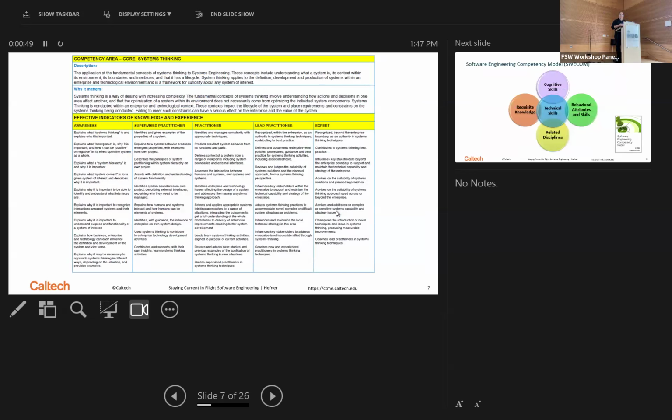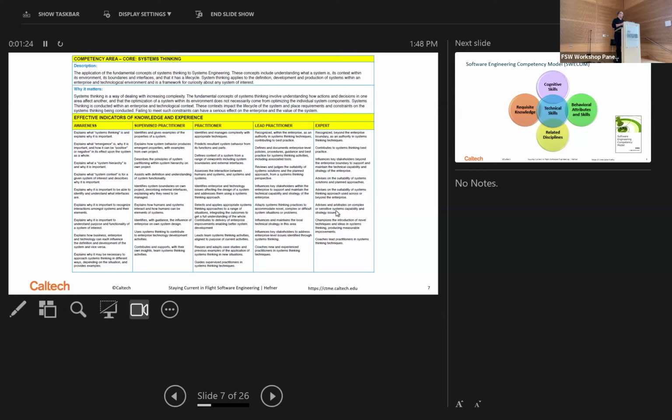INCOSE has more detail about each of those. There's a short description of the competency, a discussion of why this area might be important to you in your job, and then there are five levels of competency. You could be at awareness, probably just out of school, just starting a job, with some idea of the involvement maybe from schoolwork. Or you're a supervised practitioner: you could perform these activities, but you'd need somebody looking over your shoulder, assisting you and correcting you.